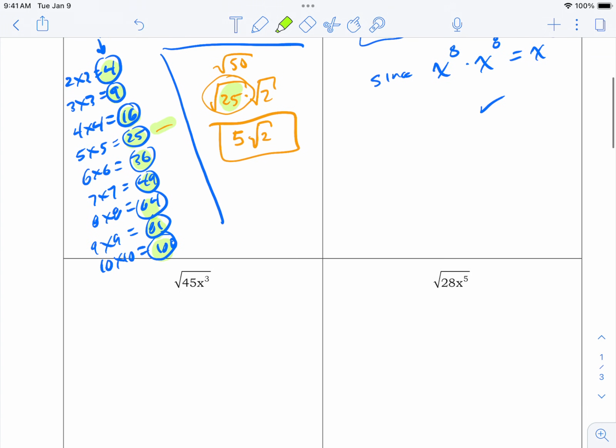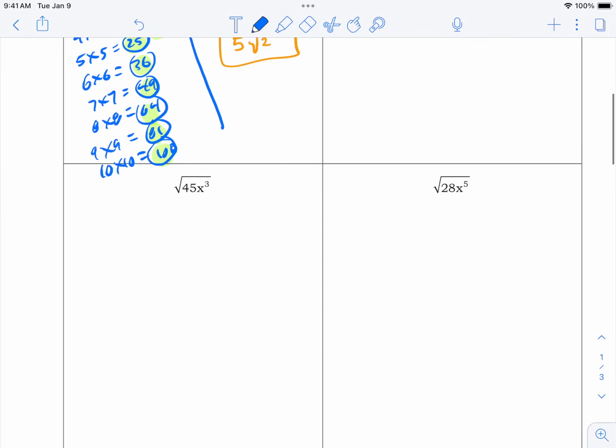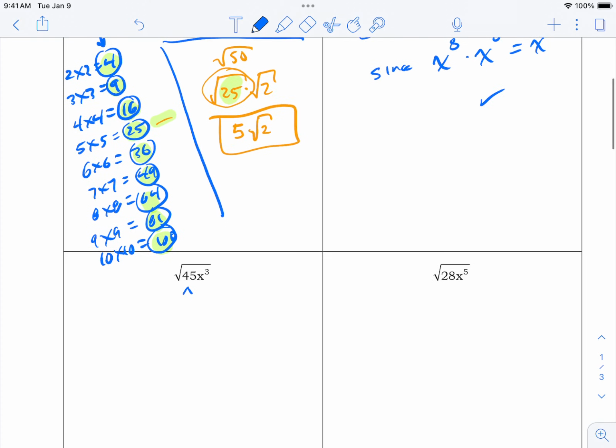Now, these next two examples, you have to use both of the rules. So let's do that. You have to look at the 45 and the x cubed both separately. So the 45, what's it got in it? I'm going to look back up at this list and say, oh, it's got a 9 in it, right? 45's got a 9 in it. So I can think of this as the square root of 9 times 5. Now as far as the x cubed goes, you can't really cut 3 in half, not evenly, but you can cut 2 in half.